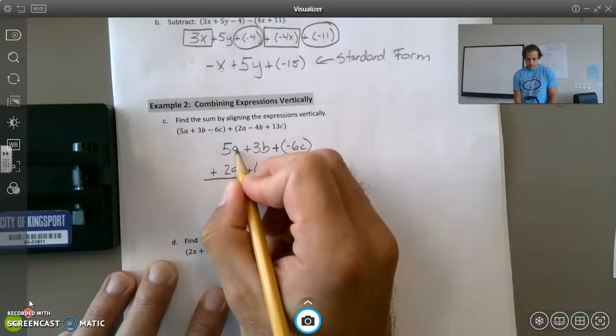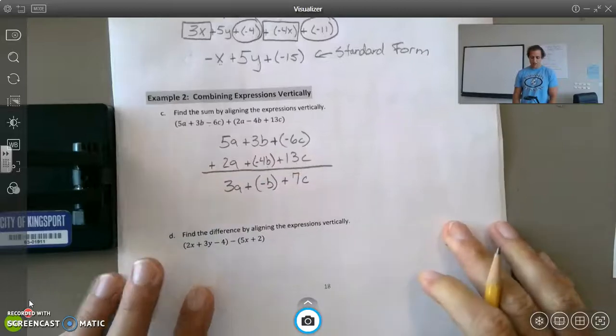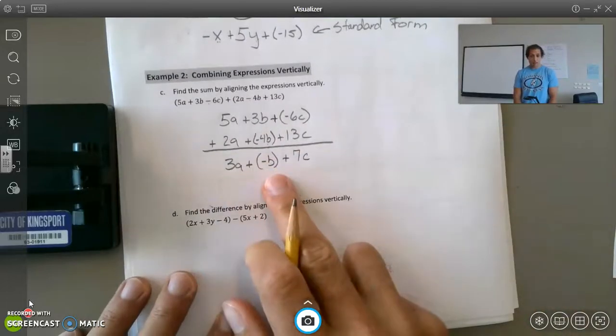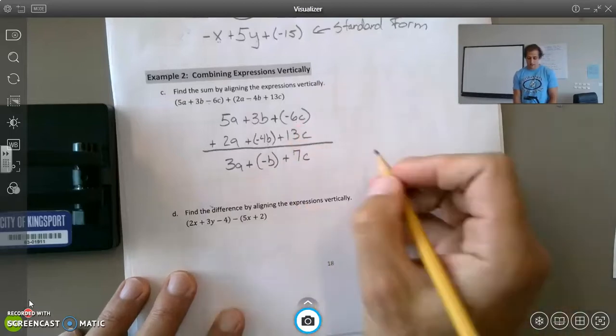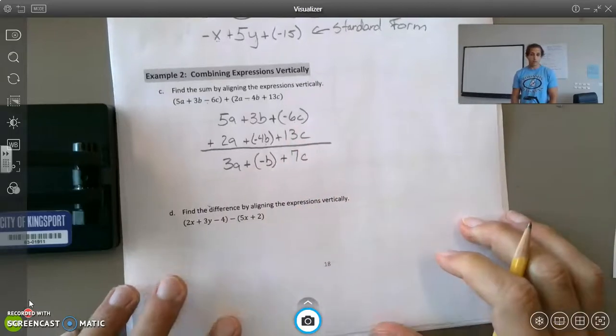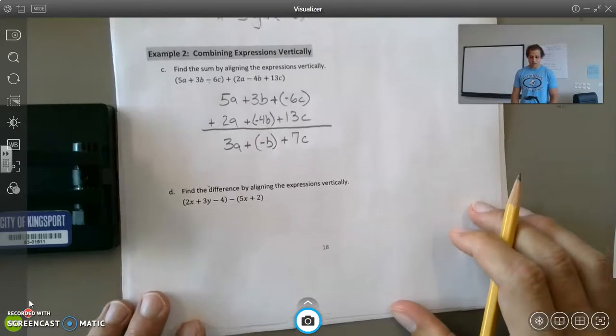And 5a plus 2a is going to be 3a. 3a plus negative b plus 7c, and that is standard form. That's as simple as we can get. We cannot add a and b together or b and c together. We can't add those terms together.